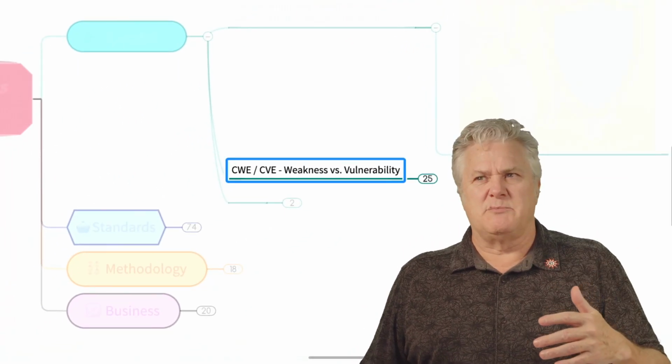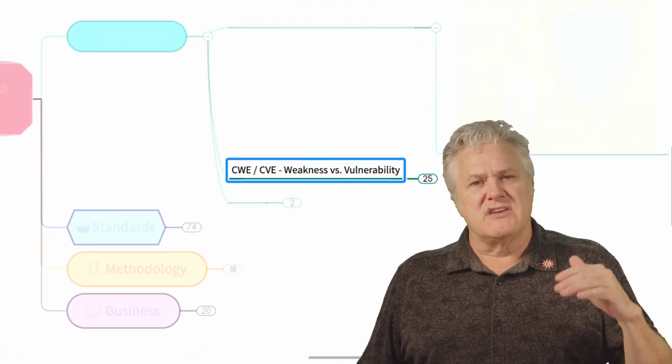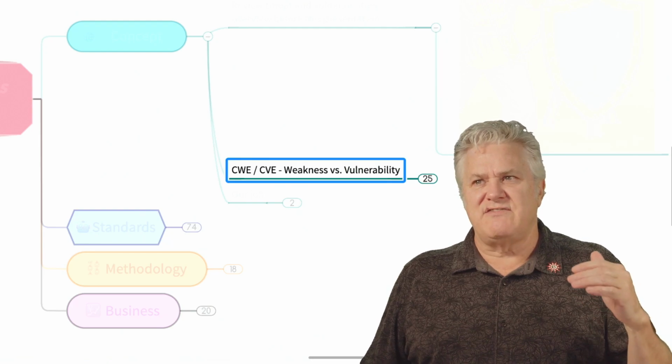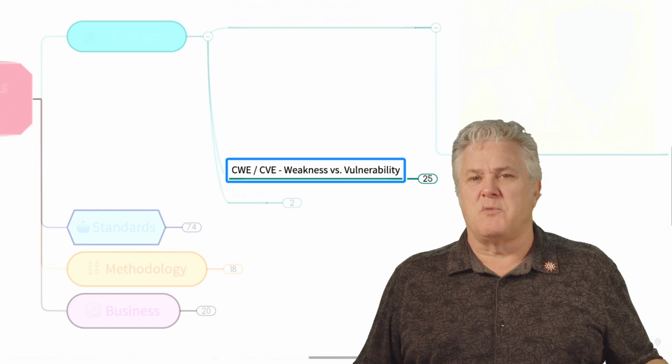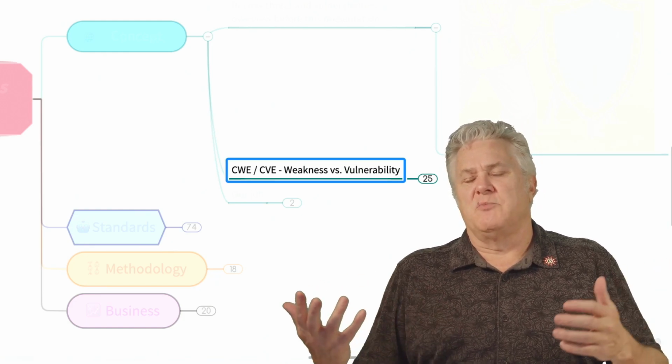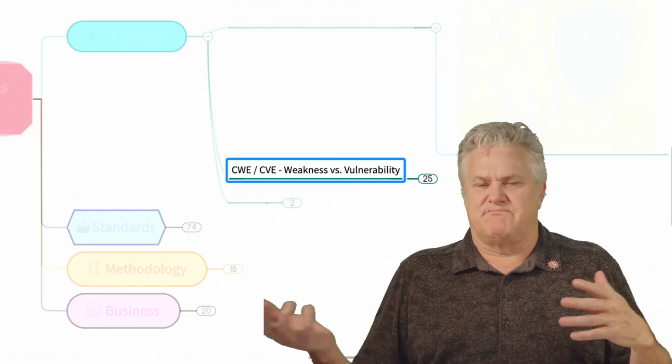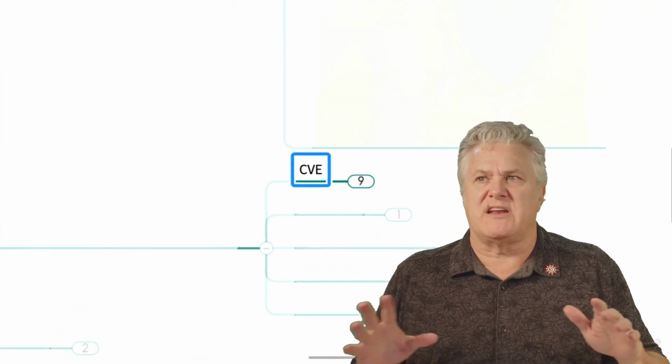We're going to dig a little deeper than that. We're going to start off with CWE and CVE, weaknesses versus vulnerabilities, because a lot of times people say, well, there's a vulnerability and we have a weakness, and they keep trading these terms back and forth, and we've got to stop that.